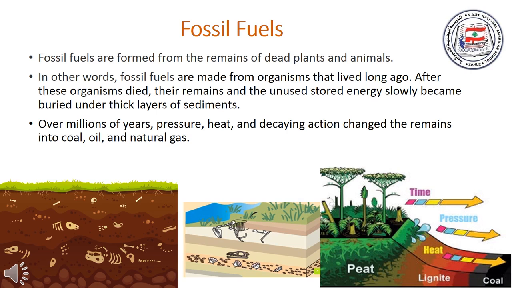So these pictures show what I have explained: dead animals and plants are buried under the ground and under thick layers of sediments, and by pressure, heat, and after millions of years, they will be changed into coal, oil, and natural gas.